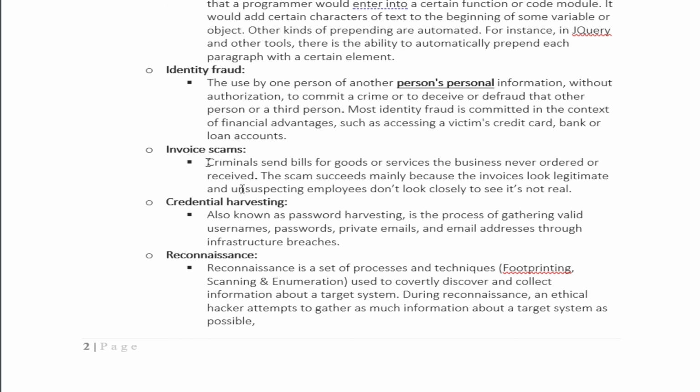Invoice scams. Criminals send bills for goods or services the business never ordered or received. The scam succeeds mainly because the invoices look legitimate and unsuspecting employees don't look closely to see it's not real.